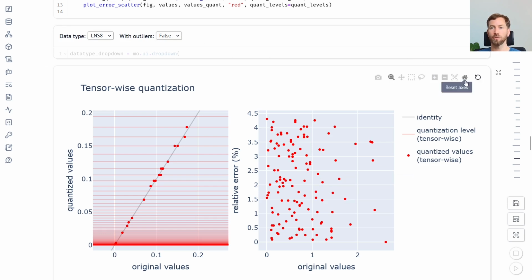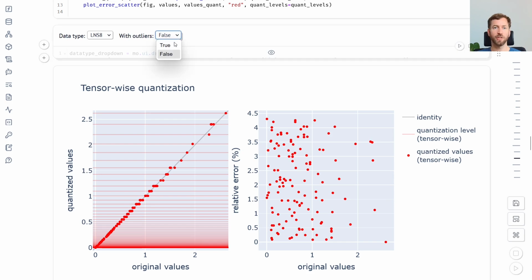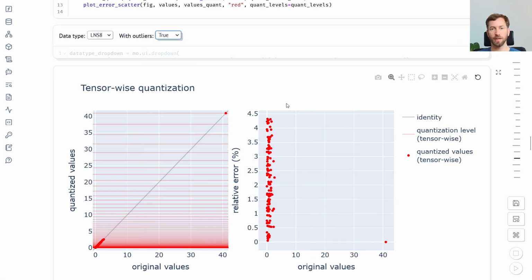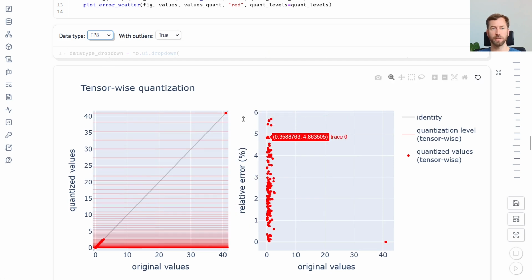Now we can reset the axis and switch to the distribution with the single outlier. Of course, now we want to represent the outlier, but for the logarithmic data type, this is no problem because we have a lot of quantization levels for small numbers, so the overall error stays very small. We observe the same for floating point data types.